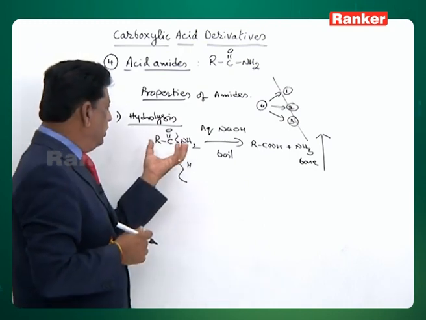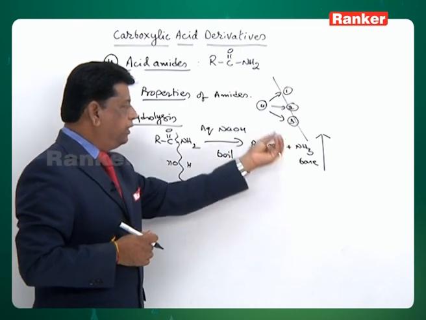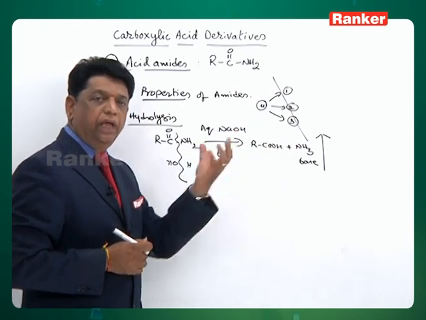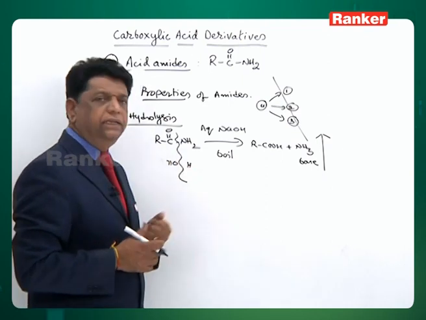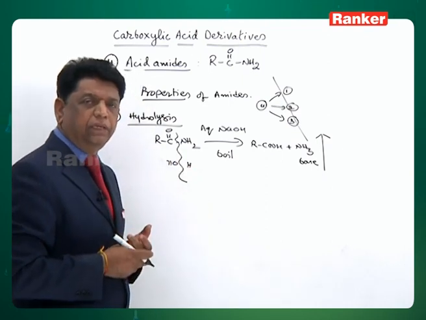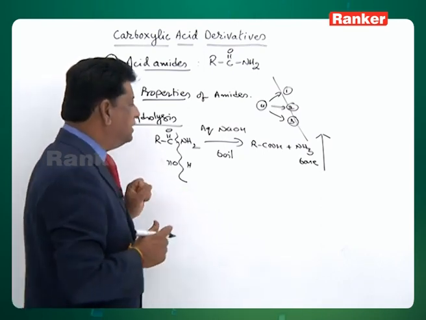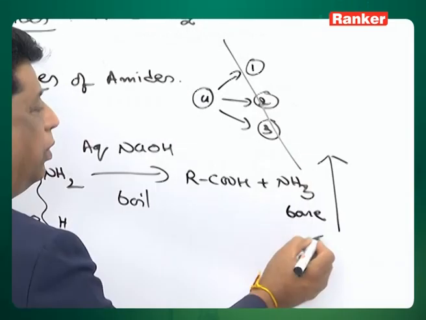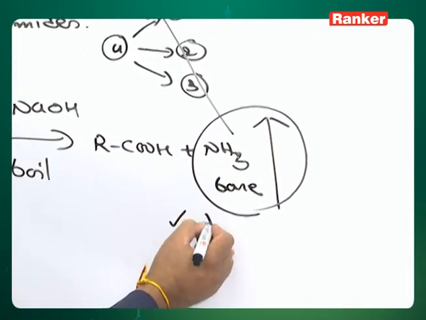So, the moment you take amide and boil with sodium hydroxide, from the test tube mouth you find the ammonia gas coming out. But how do you recognize that the ammonia gas is coming? Because ammonia has no color, but it has some odor. So, the ammonia liberation can be identified by, one, the smell.